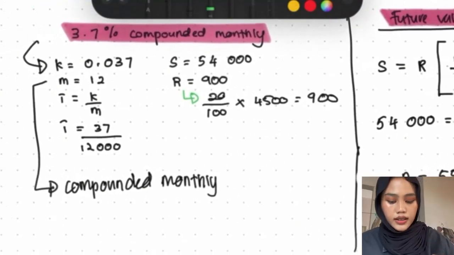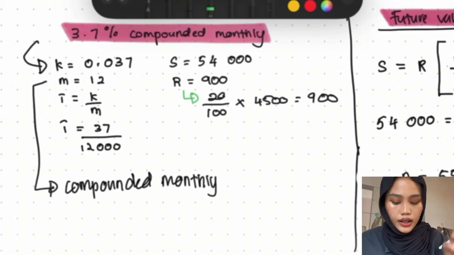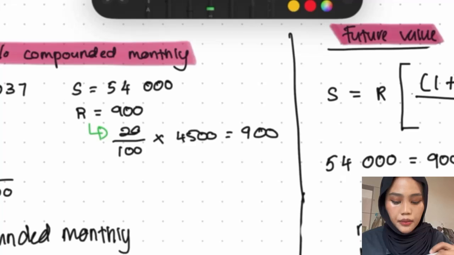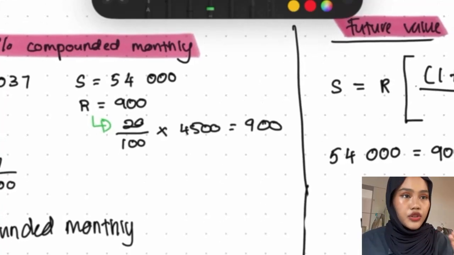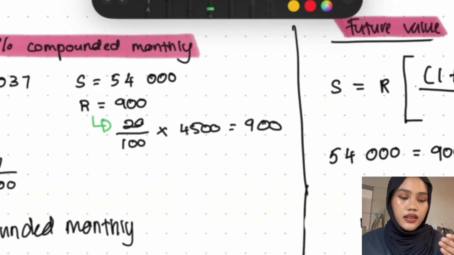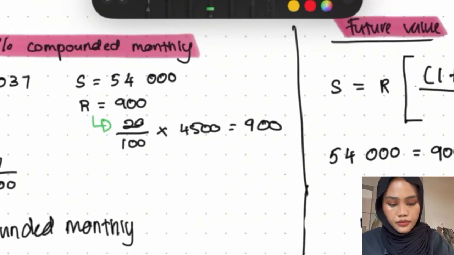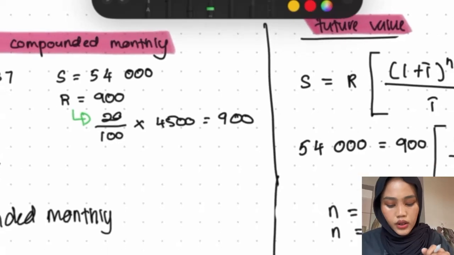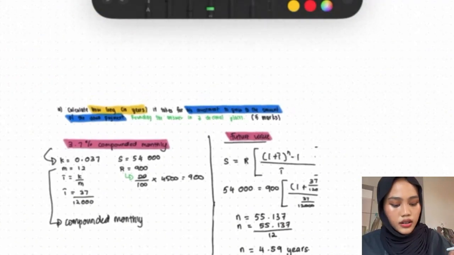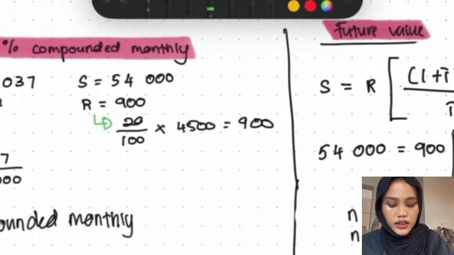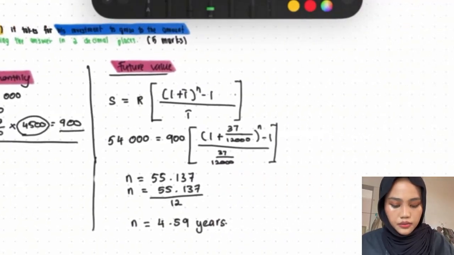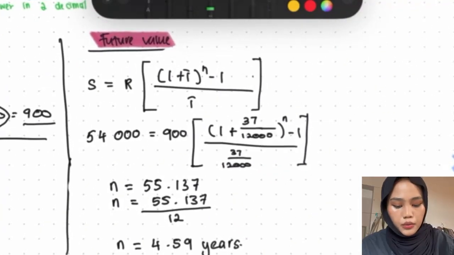So here we can see that S is the future value, RM54,000. Why is it future value? Because that is the amount that we want in the future. Our R, like how we calculated before, is 900 ringgit. So on to the formula.